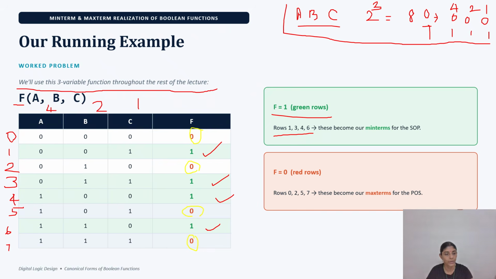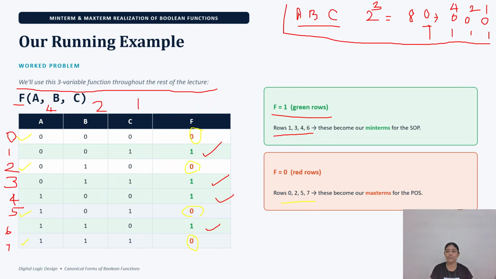Decimal 0, right? So here I am writing it in the yellow color. Decimal 0, decimal 2, decimal 5 as well as decimal 7. These become the maxterms, right?